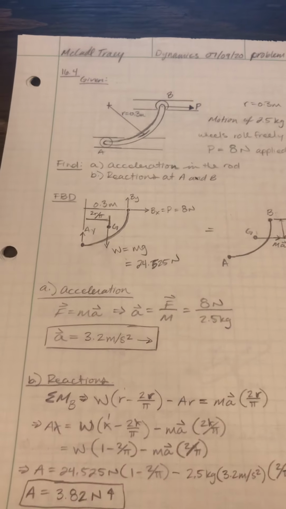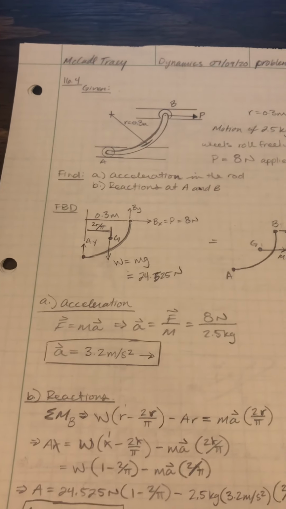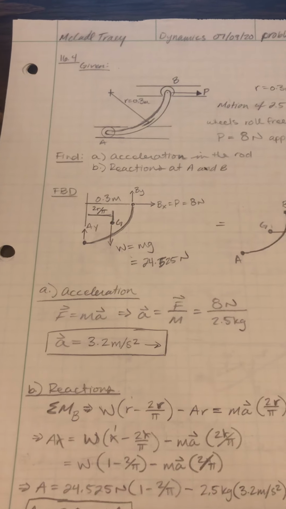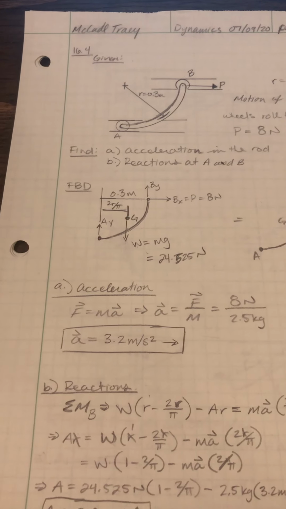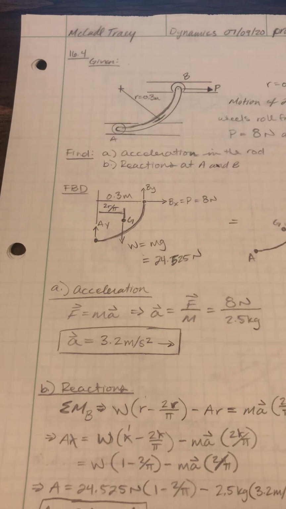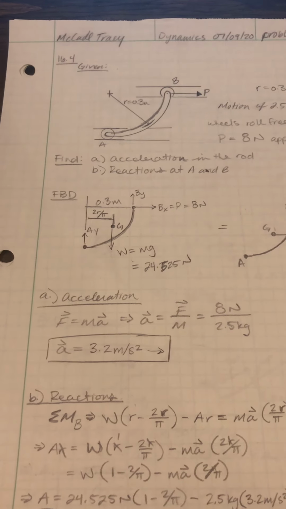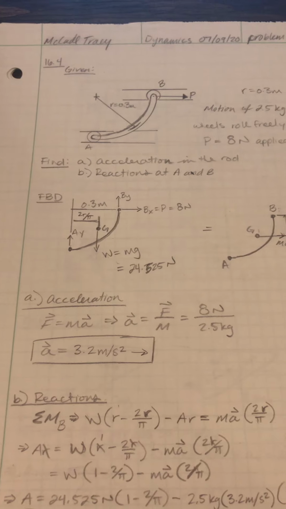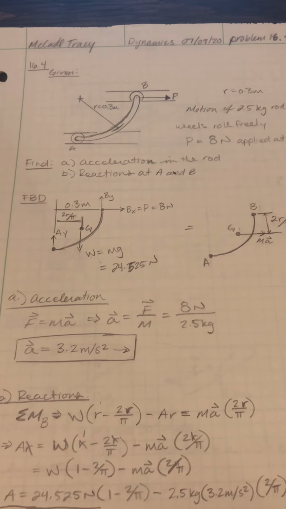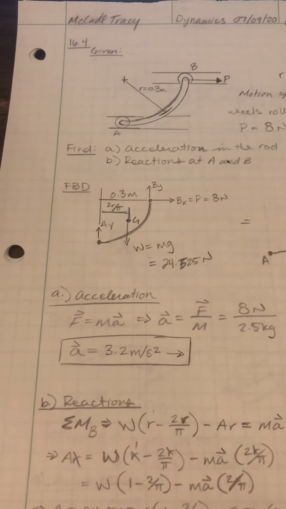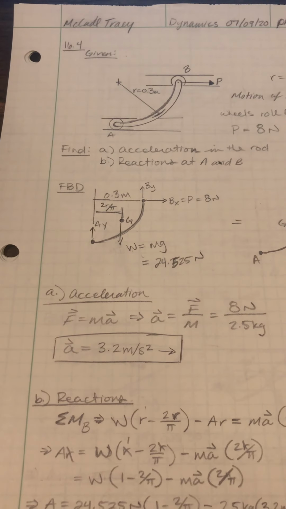So for part A, in finding the acceleration of the rod, we take our sum of forces. The force is equal to ma, so we use Newton's second law, and we manipulate the equation to find the acceleration, plug in the values, and we find that acceleration is 3.2 meters per second squared to the right.